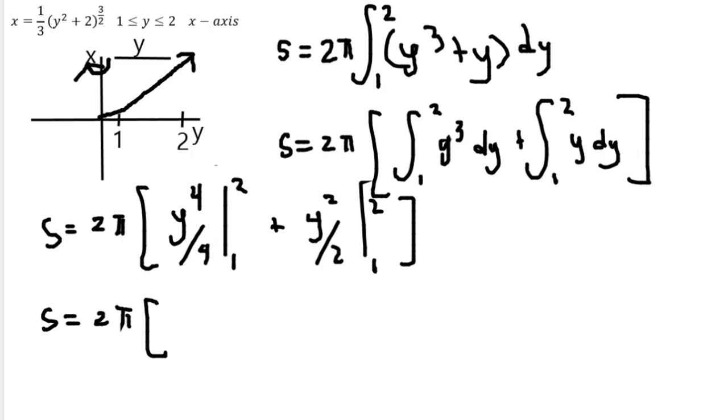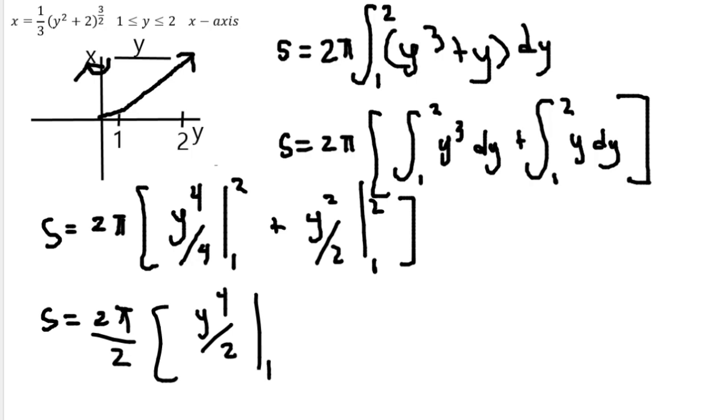So we got 2 pi. Let's plug it in. We can just factor out 1/2, so we got y raised to the fourth over 2 plus y squared from 1 to 2.